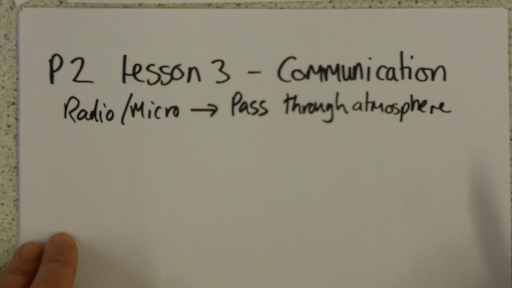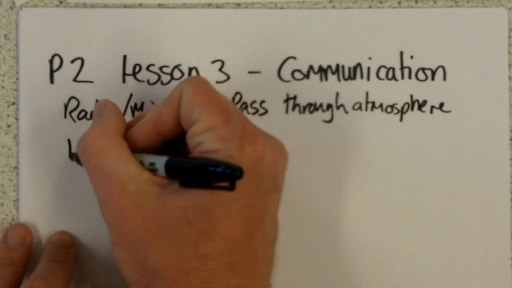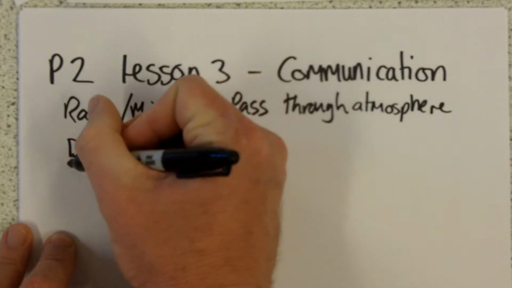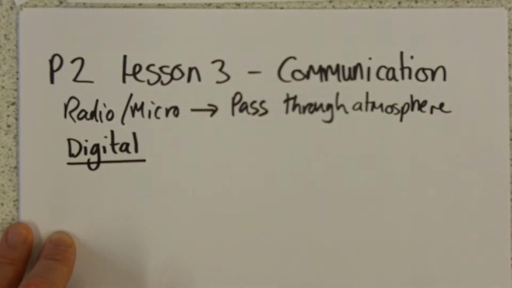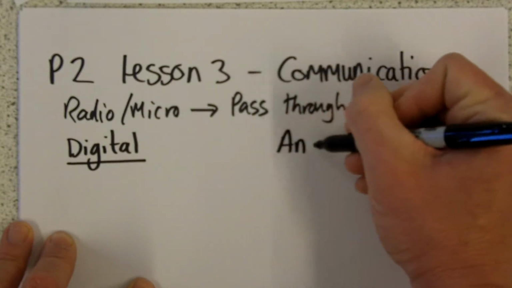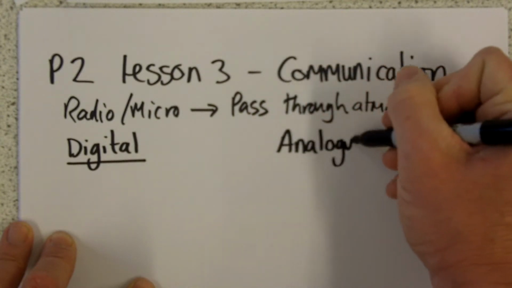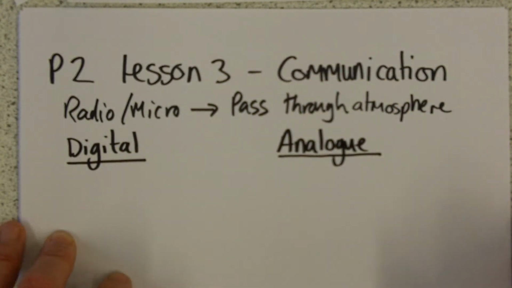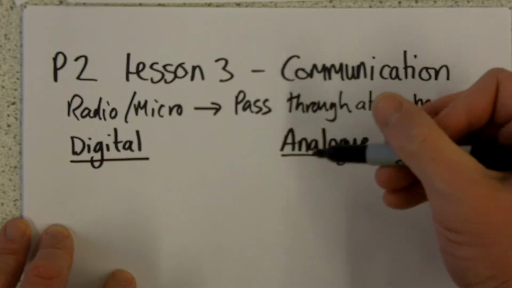Now, increasingly, our communications and our lives are digital. So we're going to have a look at the difference between analog and digital communication and analog and digital devices. Now, my voice is an example of an analog wave.